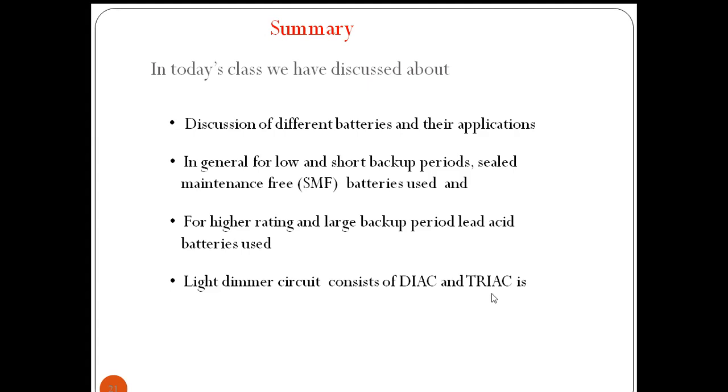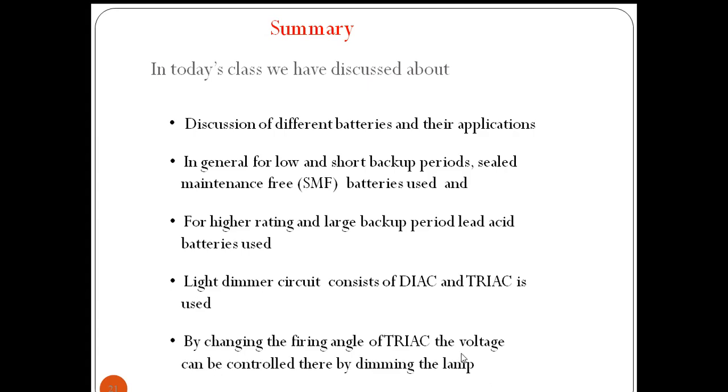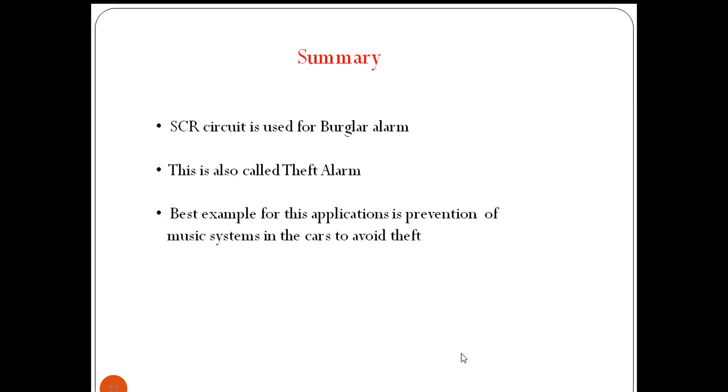By changing the firing angle of the triac, the voltage applied can be controlled, thereby the intensity of the lamp will be changed. That is, the dimming of the lamp will be controlled. We have also seen the SCR circuit, which is used for a burglar alarm or theft alarm.